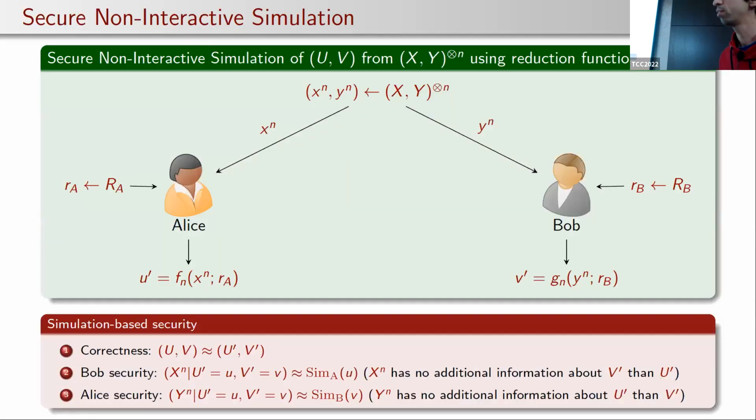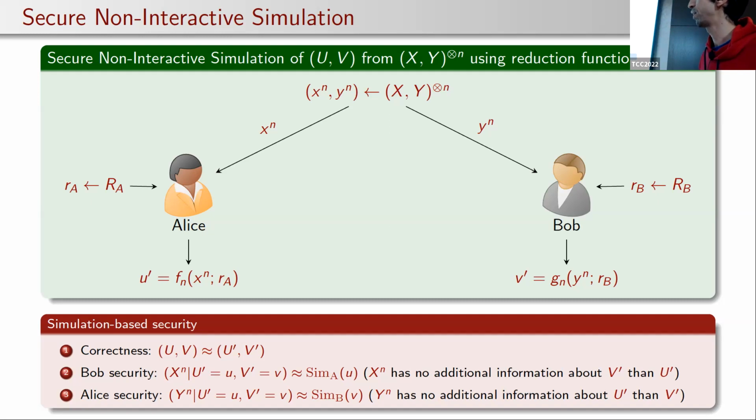SNIS, Secure Non-Interactive Simulation, was introduced recently in Eurocrypt. In SNIS, Alice and Bob want to simulate a joint distribution UV, which we call the target distribution, using n independent samples of another distribution XY, which we call the source distribution.